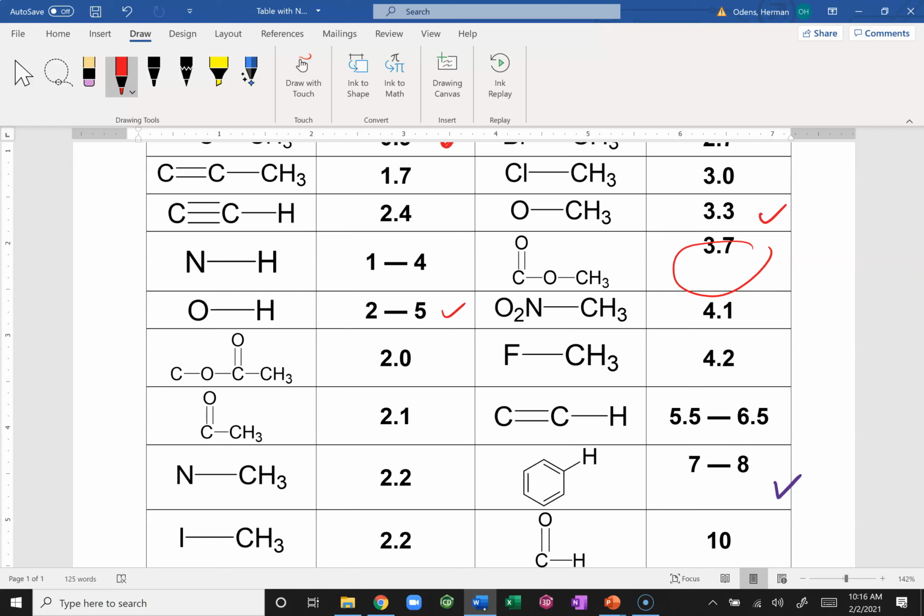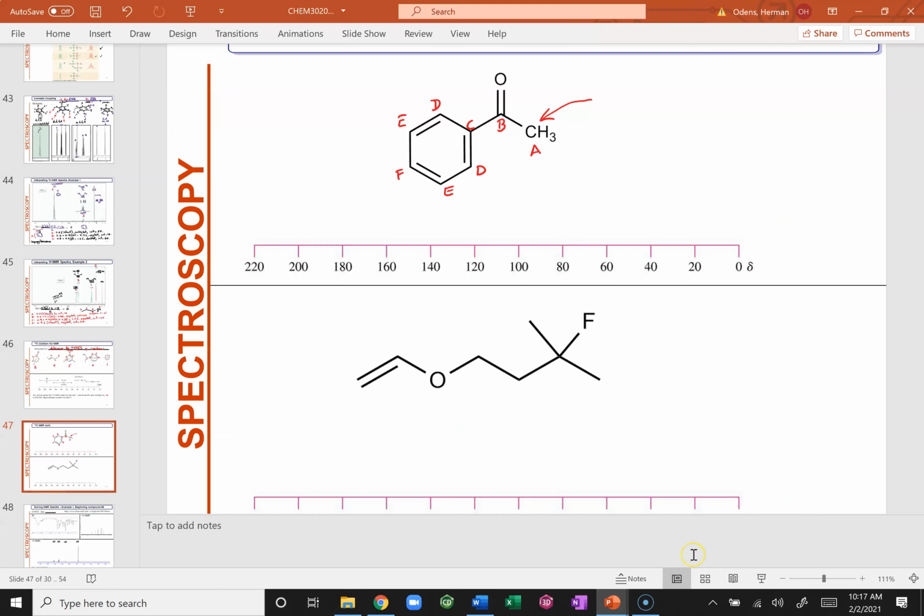And that's going to give you an approximate number for where that carbon signal would show up. All right. So A is a CH3 attached to a carbonyl. 2.1. So it would be that one. So this is 2.1.